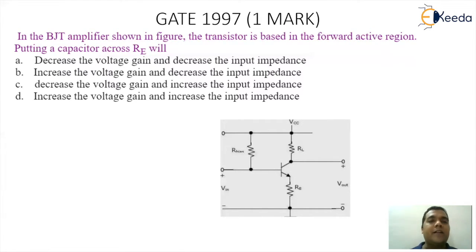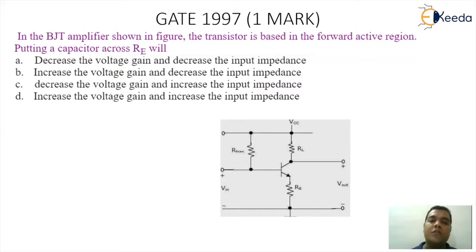Putting a capacitor across RE will, option A, decrease the voltage gain and decrease the input impedance; option B, increase the voltage gain and decrease the input impedance; option C, decrease the voltage gain and increase the input impedance; and last option, increase the voltage gain and increase the input impedance.